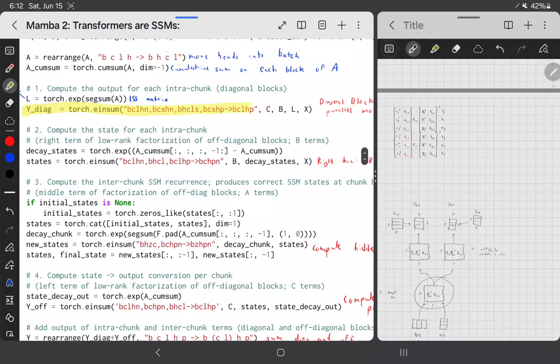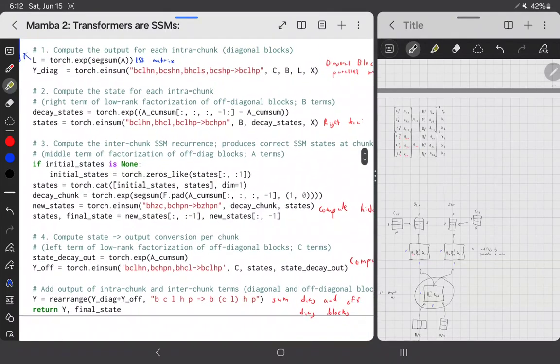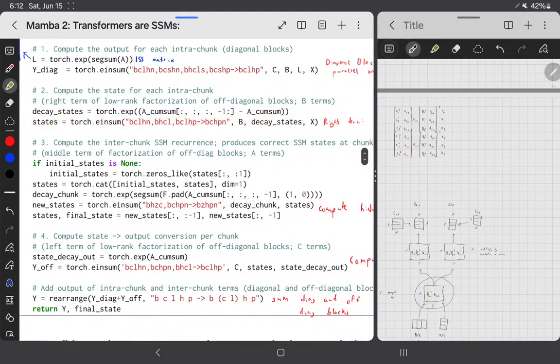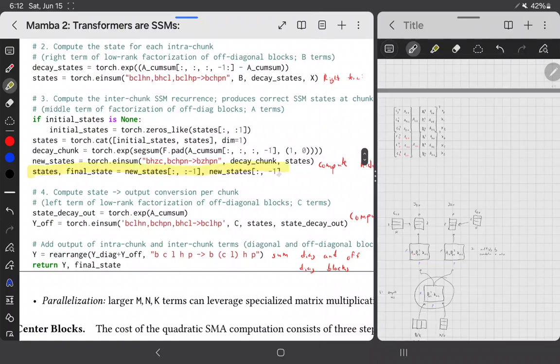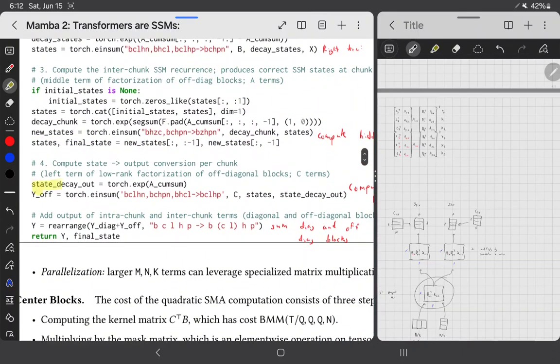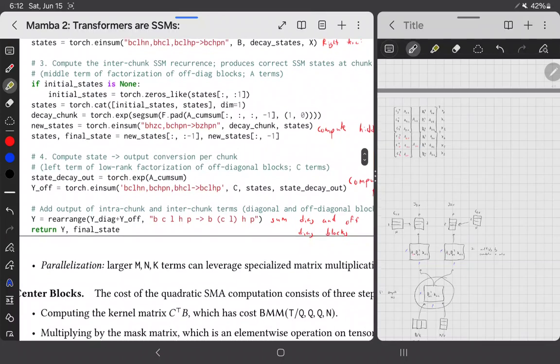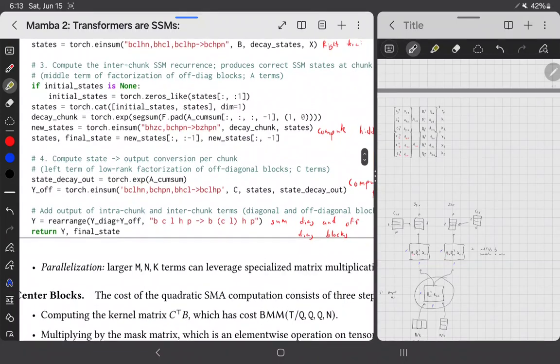This here is computing the diagonal. This here is doing the in projection using the B and X projections. This here is the recurrence, computing the hidden state, and this here is computing the output state using the left term. And this here is just adding all the terms together to get your final outputs.